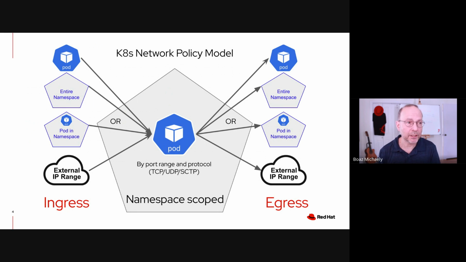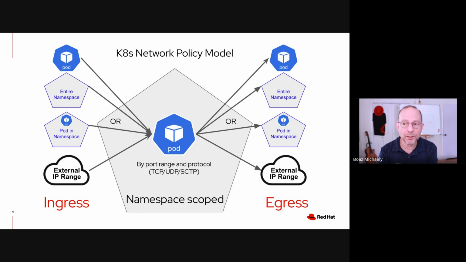I don't care about the namespace. 2, I can restrict to or allow to an entire namespace, all the pods in that namespace. 3, specific pods in a specific namespace. And 4, is the capability to specify external communication restrictions using an IP range. You can do this for ingress, you can do this for egress.